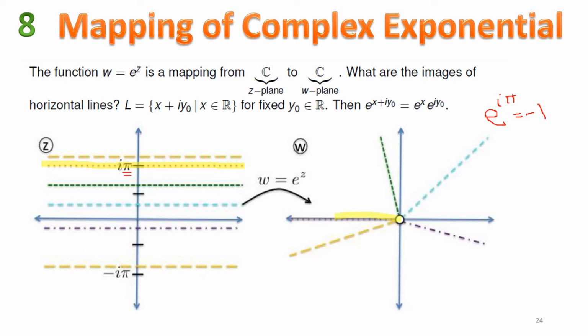This is the line corresponding to the highlighted line, and this makes an angle of pi with the x-axis. I want to mention that this is excepting the origin, so the origin should not be included in the discussion.